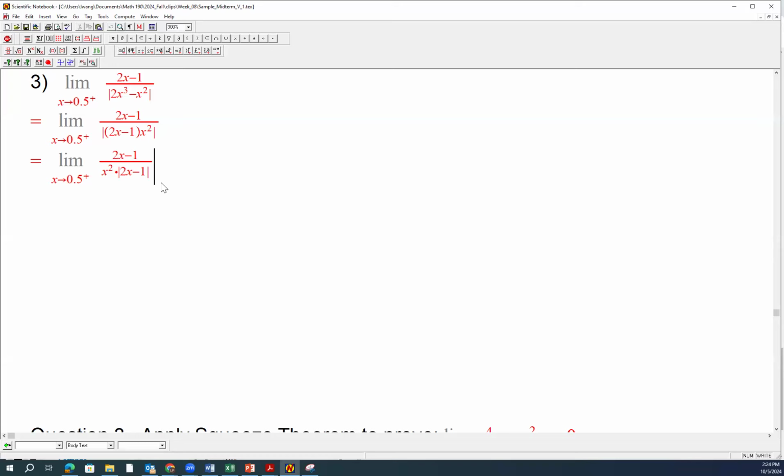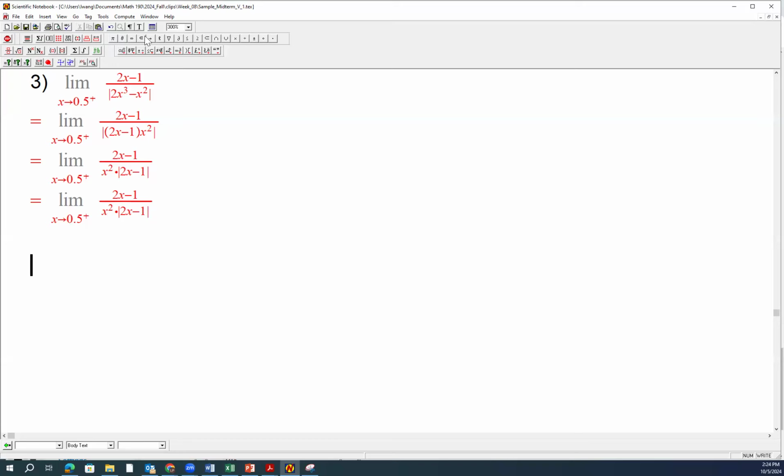Well, when x is approaching 0.5 from larger than 0.5, 2x minus 1 is going to be larger than 0, right?